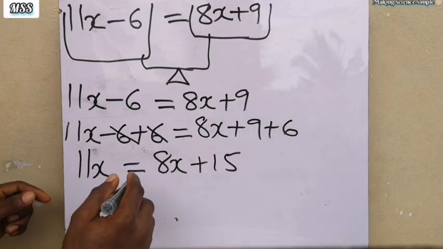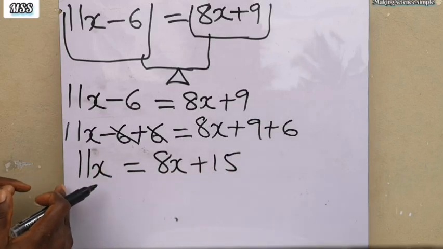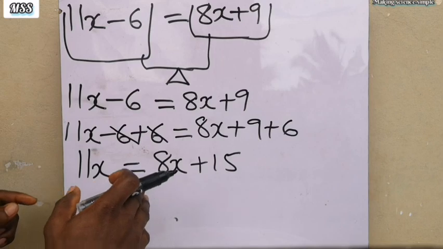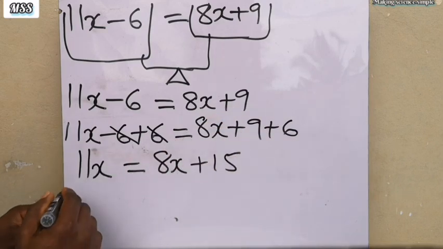Now the next thing we're going to do is to remove 8x here, because this is the side where we have the highest value of x. Now if we remove 8x here, we equally remove 8x here. So let's now subtract 8x from both sides of the equation.